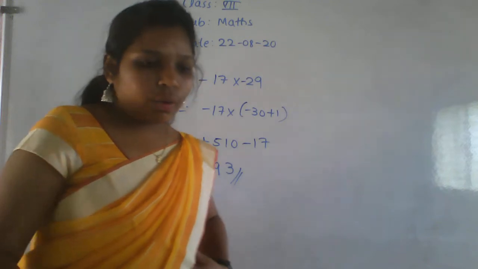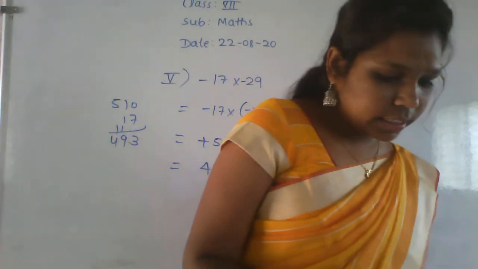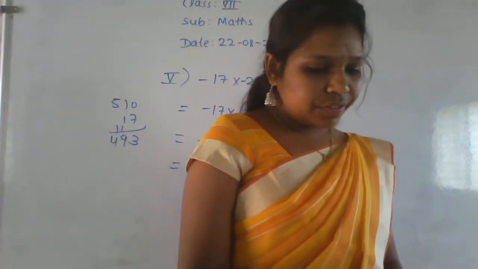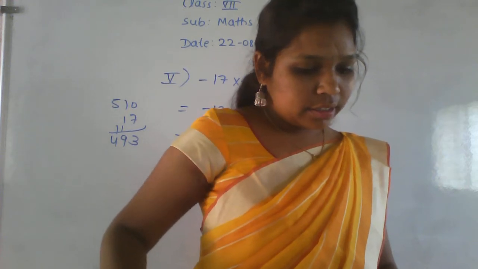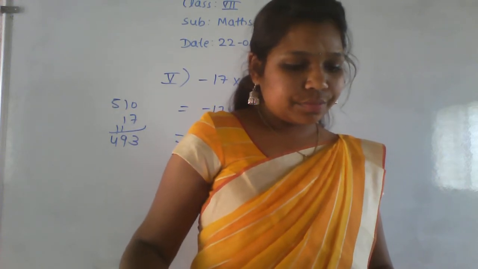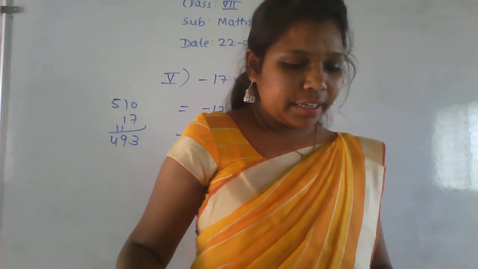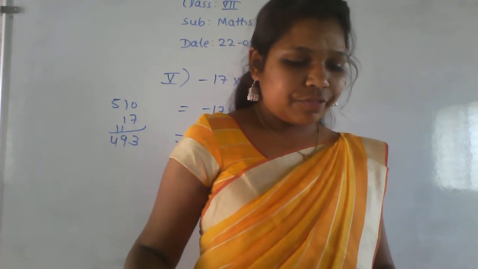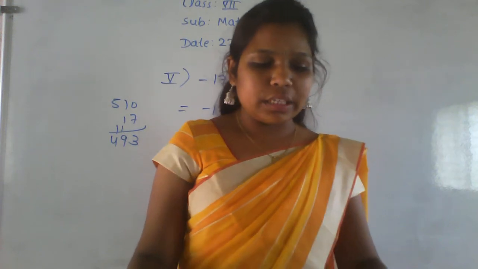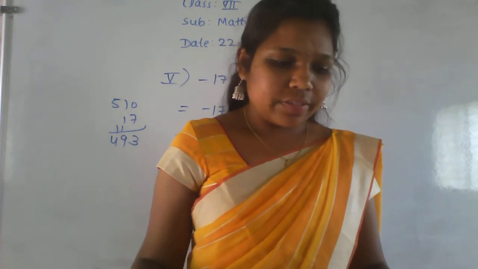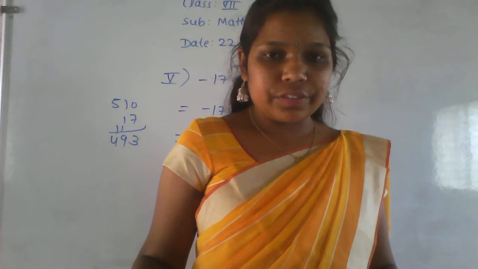Is everyone getting it? Okay. So next one is the sixth one, that is minus 53 into minus 19 plus 53. First you have to do the multiplication only. After that you have to add the 53 value.